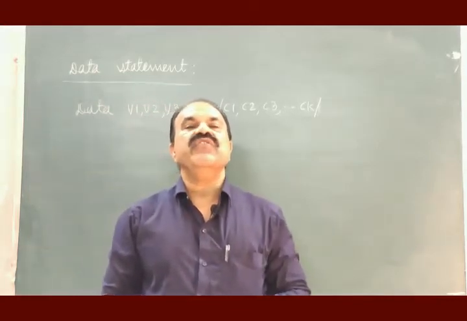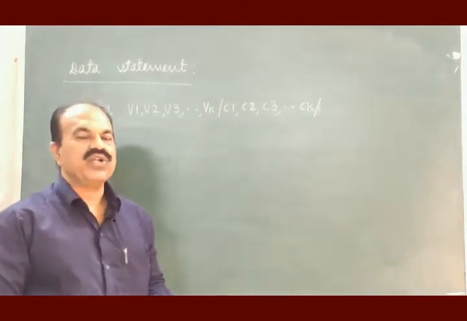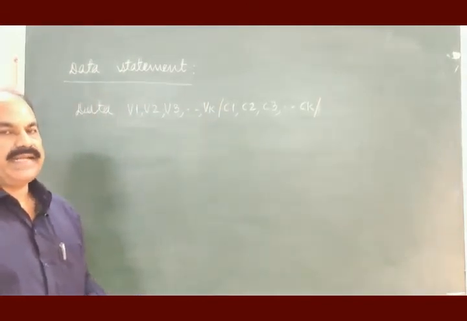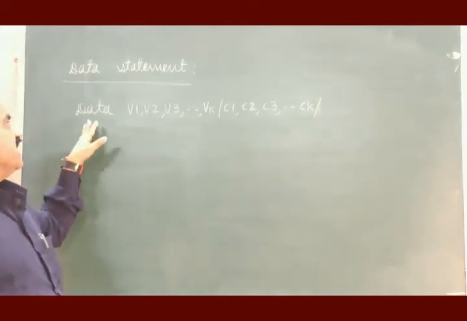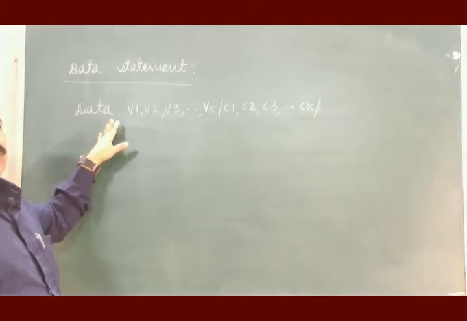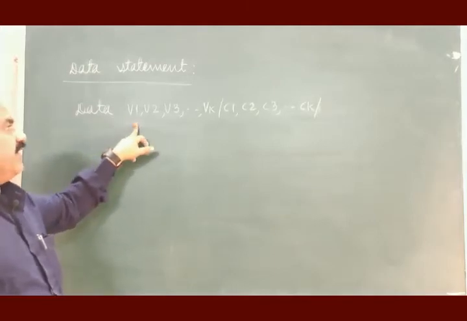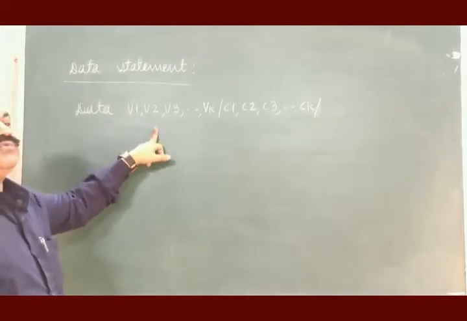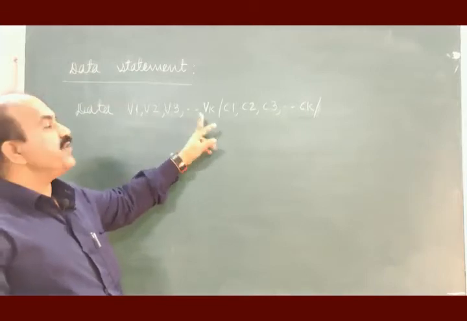Constants to variables. The general syntax or general form of data statement in Fortran is this: data followed by list of variables, variable v1, comma variable v2, comma variable v3, comma variable v4, and so on.